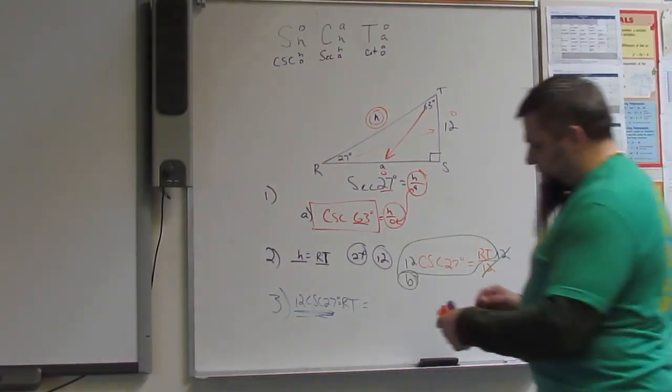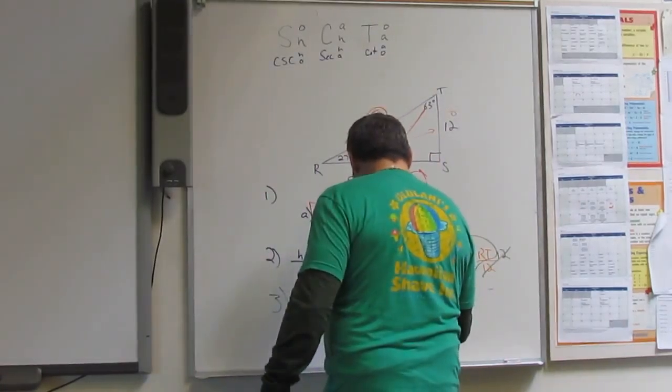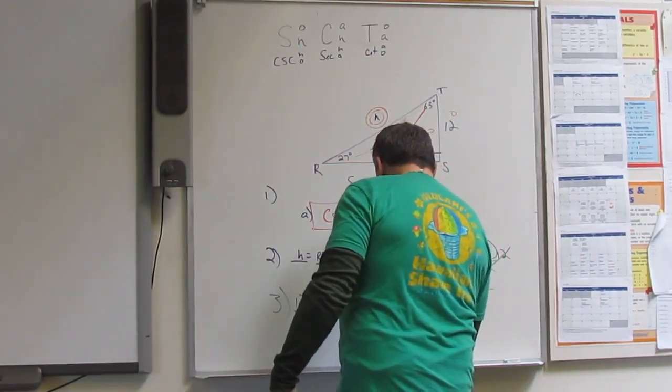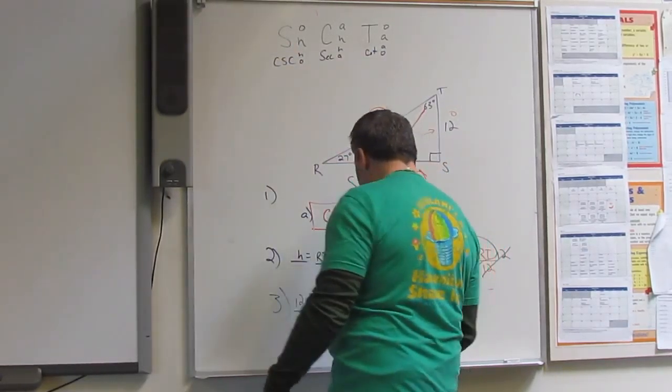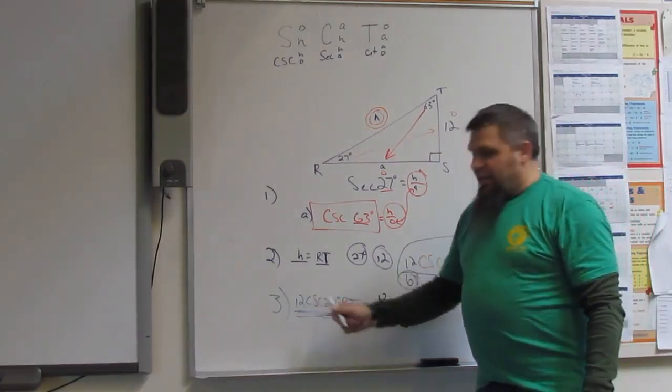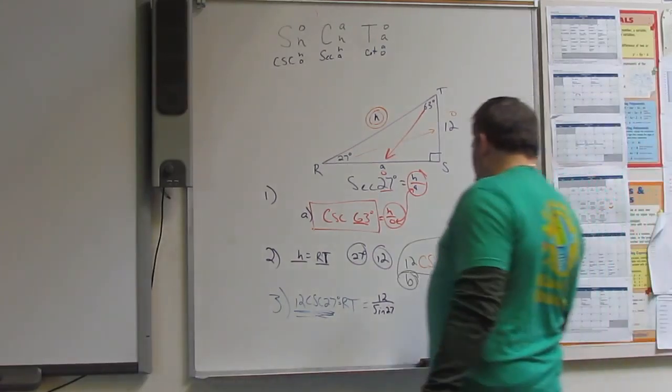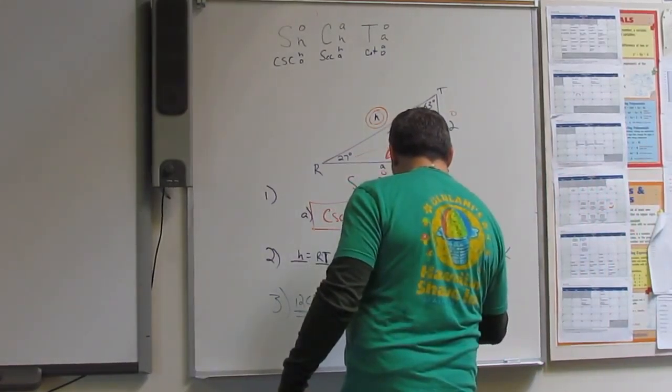So what can I plug in? 12 divided by sine 27, because cosecant and 1 over sine are the same thing. So now I can plug it in. Instead of times, I divide by sine 27, and I get 26.4.